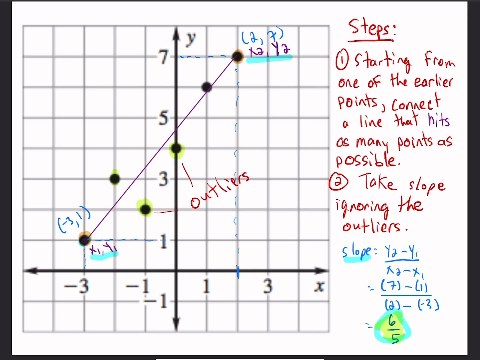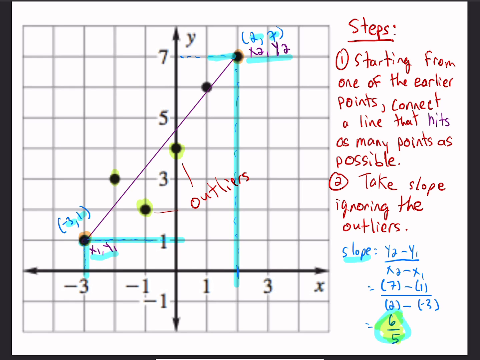Now, in terms of how I got these numbers, again, just to recap, I used what we call interpolation. From the point, I made a straight line down to see which x value it hit, and then I made the line across until I hit the y-axis of the chart, and that was my y1. And then I did the same thing with the second point, where from the point, I made a straight line all the way down until I hit the x2 value, or the x value of 2.